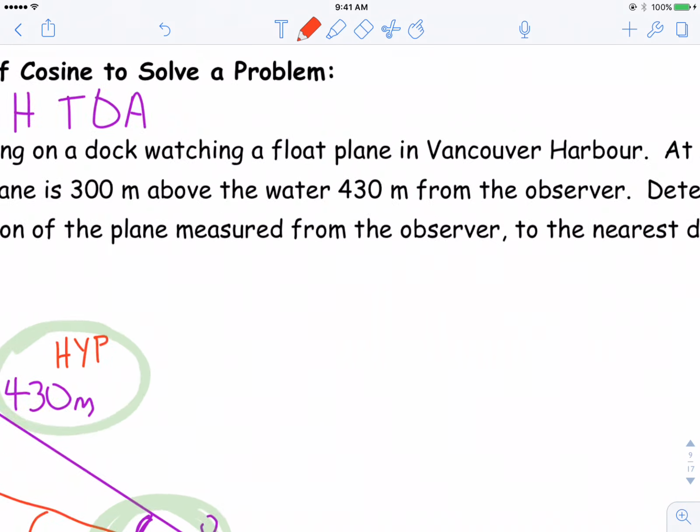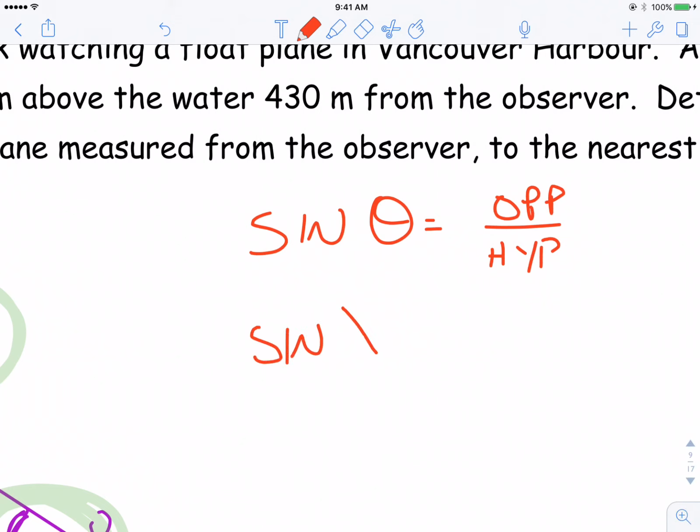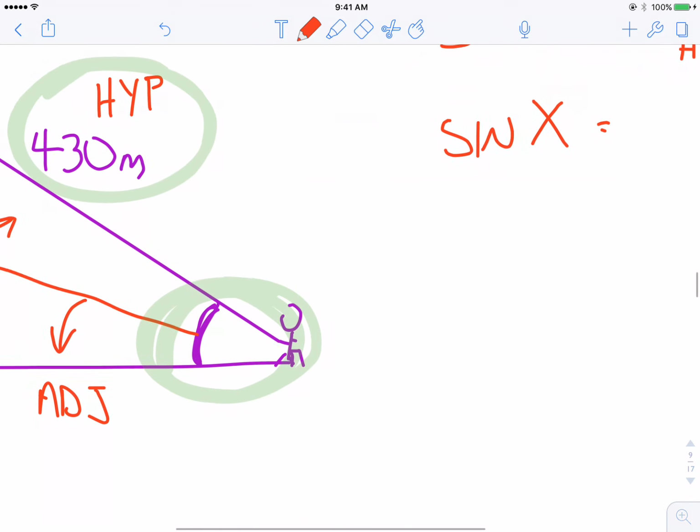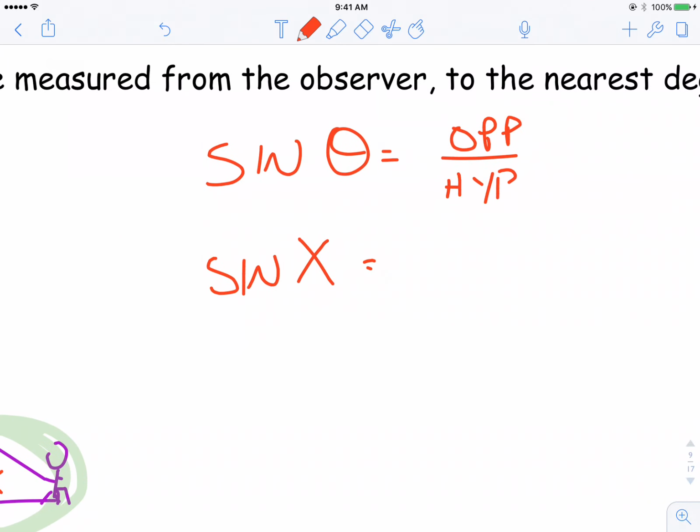So I know that my formula is going to be sine of some angle is equal to opposite over hypotenuse. Sine of some angle, in this case, let's call this angle x. That's where the guy's sitting here, right here on the ground, is equal to my opposite side, which is 300, over my hypotenuse, which is 430.